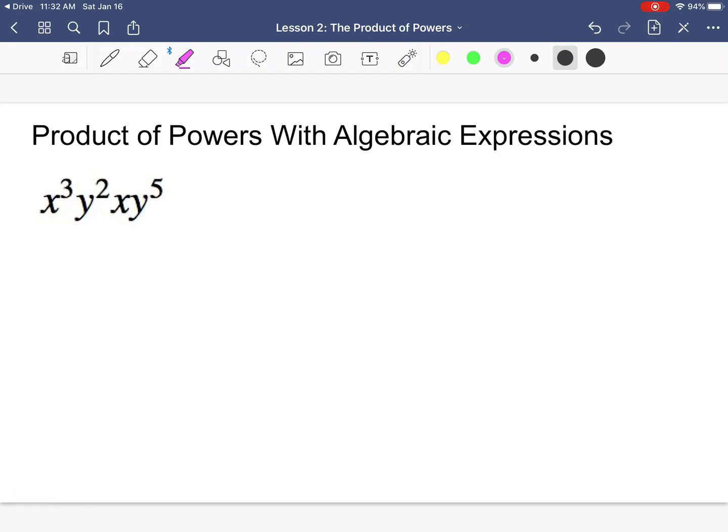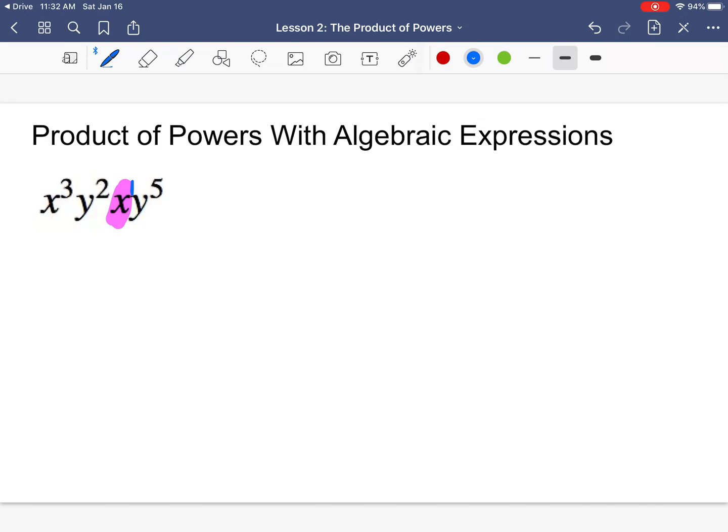Here we have an algebraic expression, x cubed times y squared times x. And just to note that this x here doesn't have an exponent explicitly stated, but it is understood that it is x to the power of 1. And then y to the power of 5.